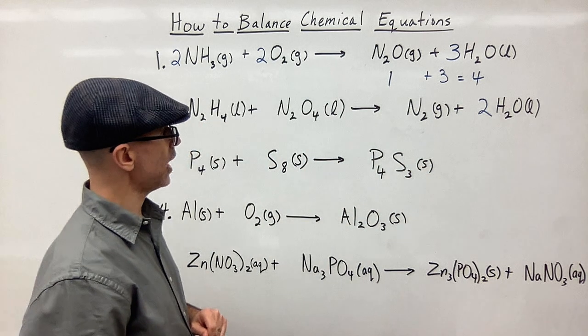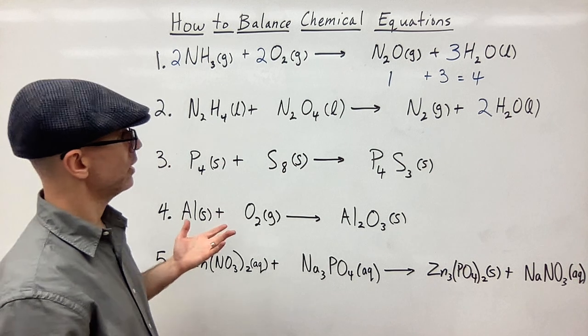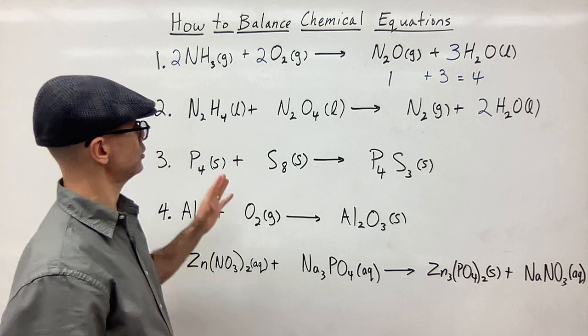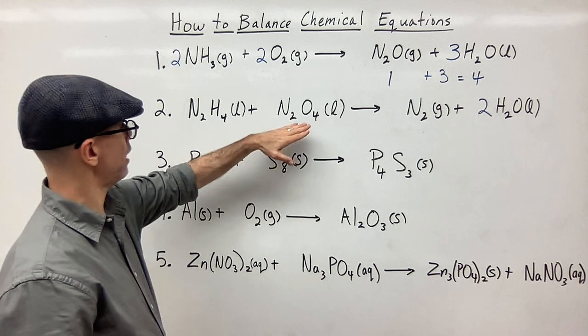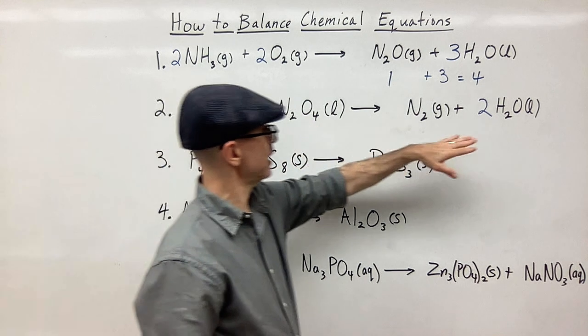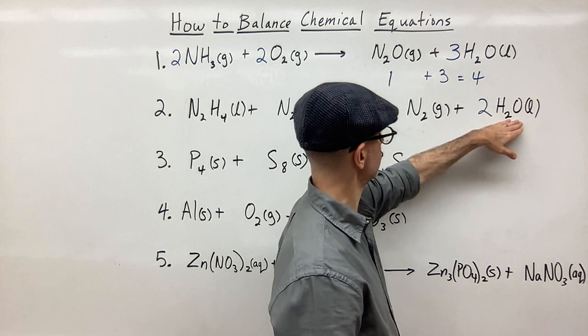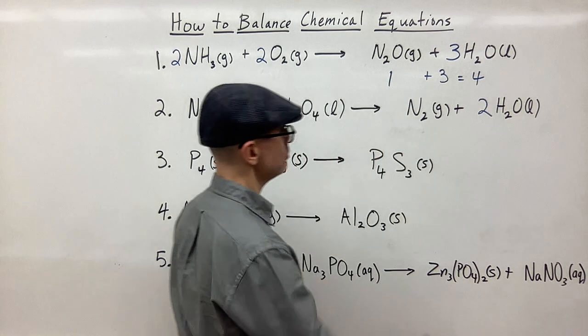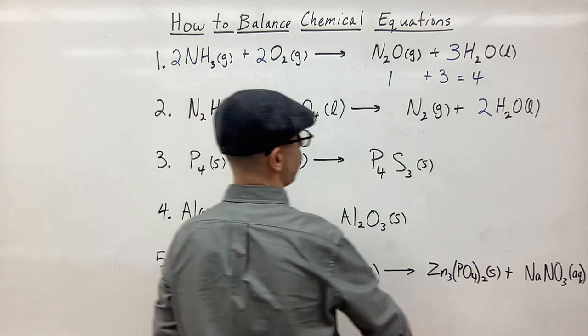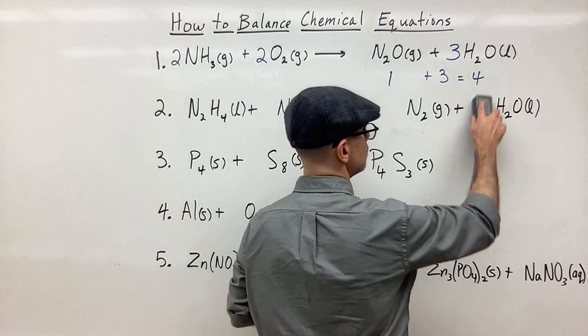Okay, so now let's try the oxygens, my bad. So here I have 4 oxygens, and here I have only 2 oxygens. So I need 4 oxygens over here. So if I change that to 4, right?